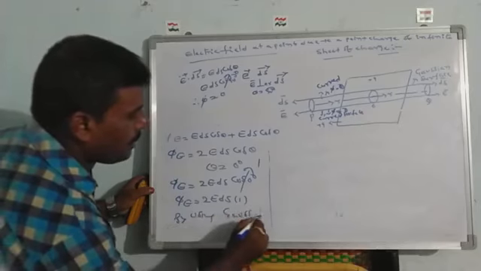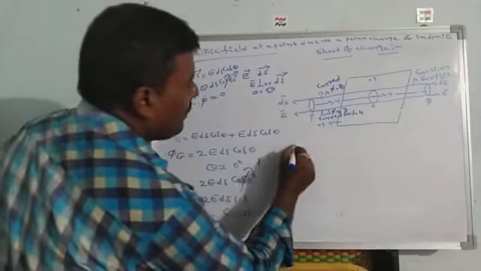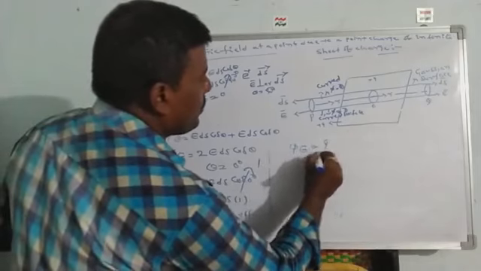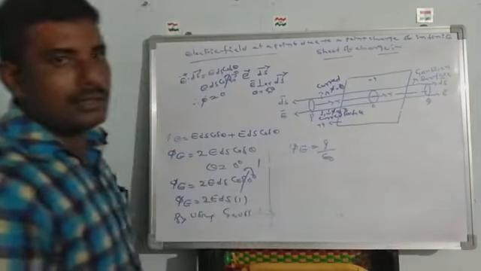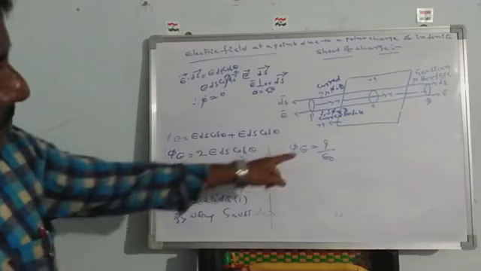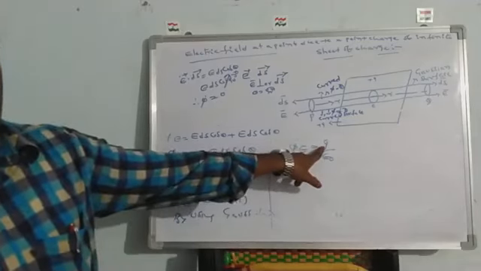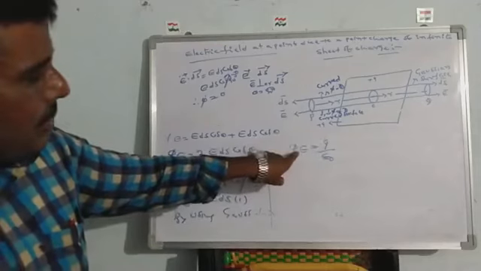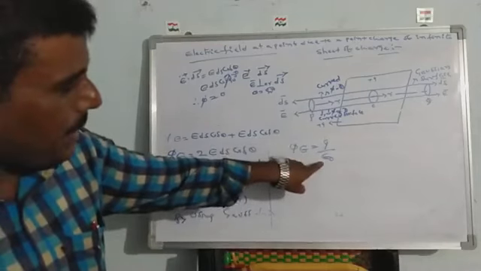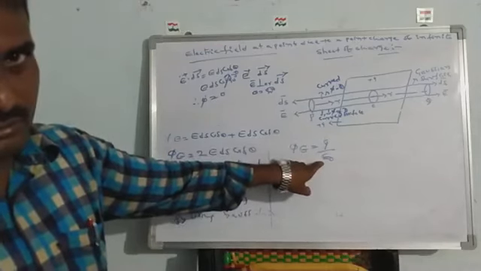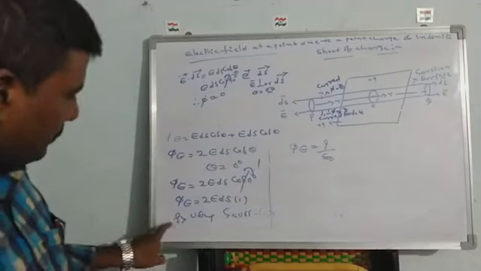By using Gauss law, the flux is nothing but Q by epsilon naught. Gauss law statement: 1 by epsilon naught times the net charge. So from the Gauss law statement, phi E equals Q by epsilon naught.